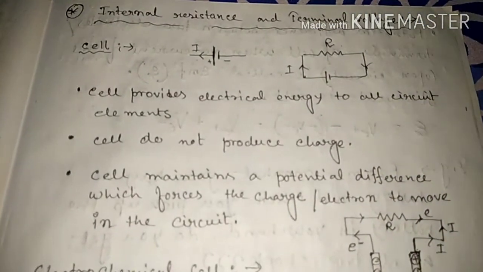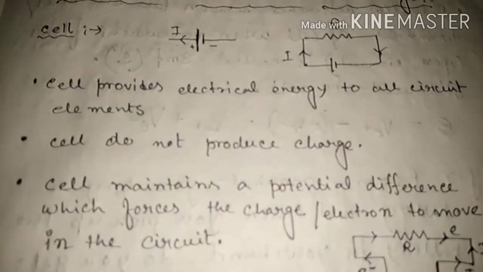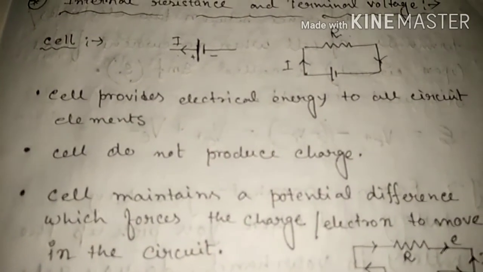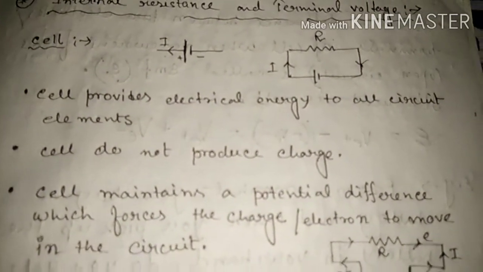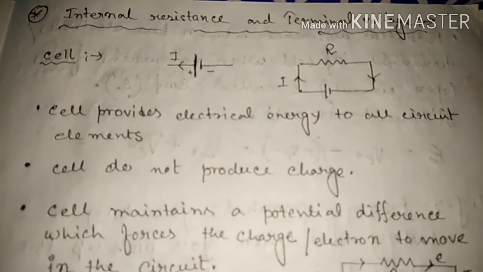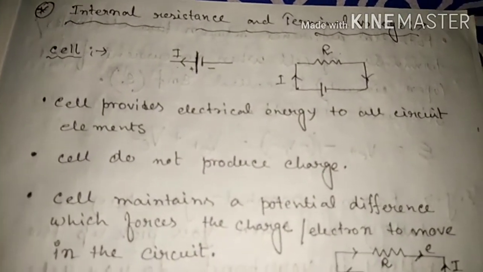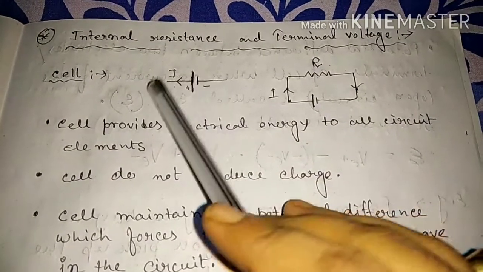So we can say that the cell provides electrical energy to all circuit elements. It provides the energy. Normally we say that current flows from the positive terminal to the negative terminal.